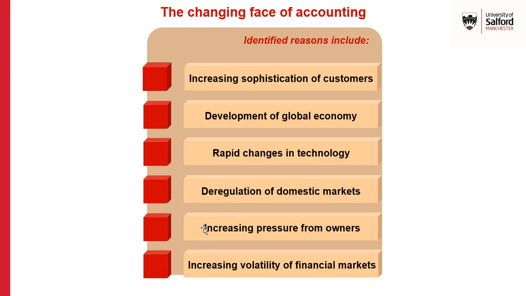Pressure from owners as a result of all these other changes. The shareholders are concerned about the management issues. For example, with Rolls-Royce, there's a hedge fund investor that owns 10% of the shares.